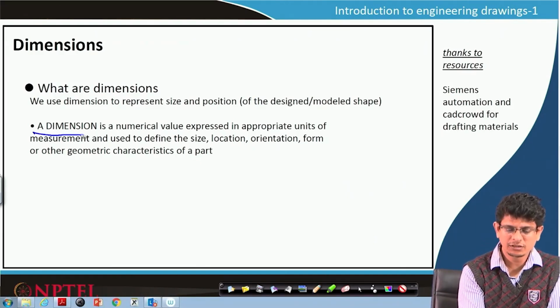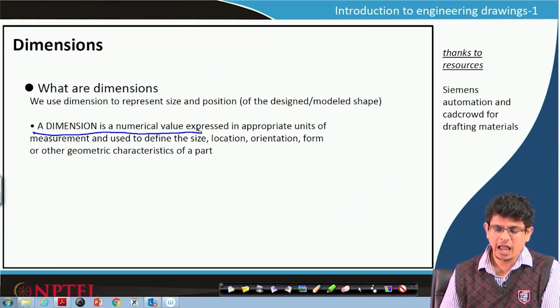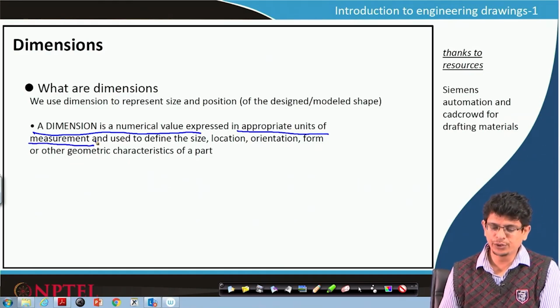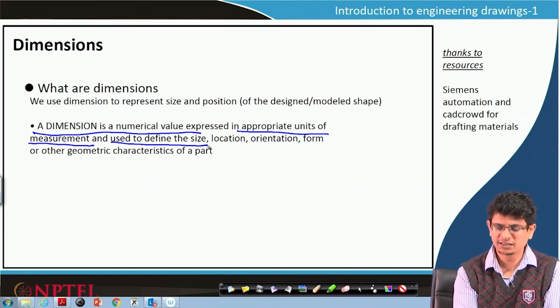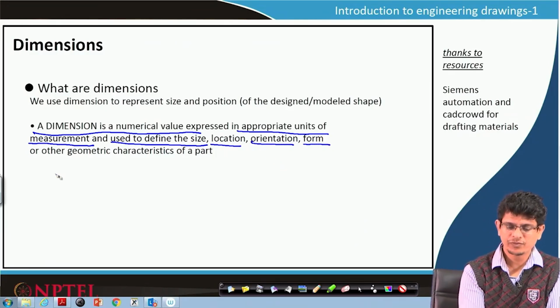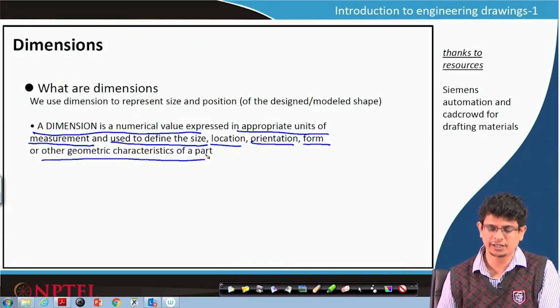A dimension is a numerical value expressed in appropriate units of measurement and used to define the size, location, orientation, form or other geometric characteristics of a part.